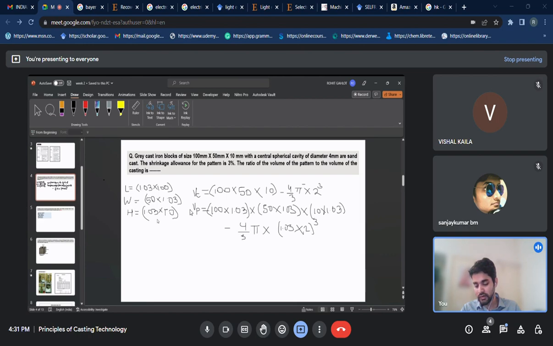Then we gave the shrinkage of 3%. What happens in the spherical cavity is that it is not the same as the other dimensions. For the other parts you need to increment, but for the spherical part you need to decrease, because when you put your pattern, this hollow part will behave differently than the other things.